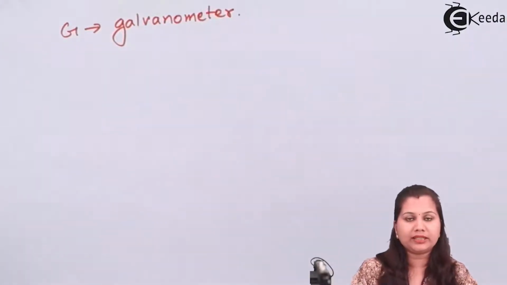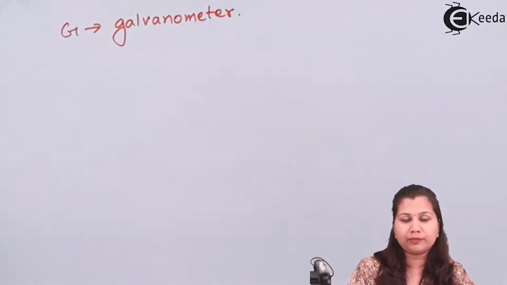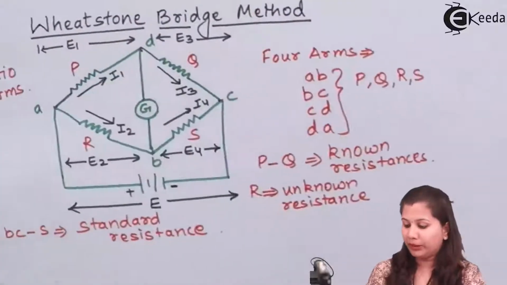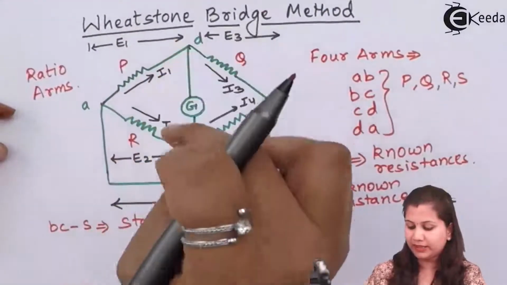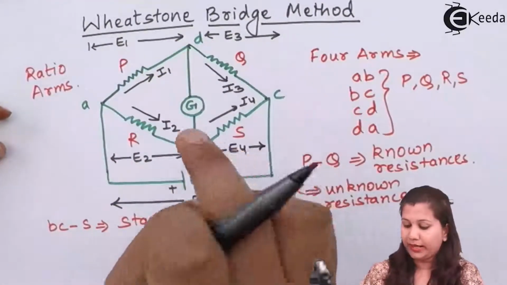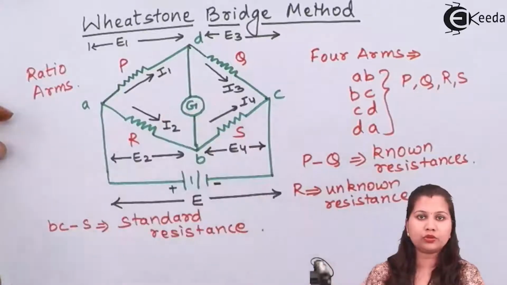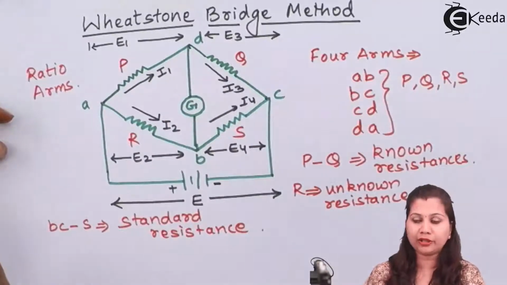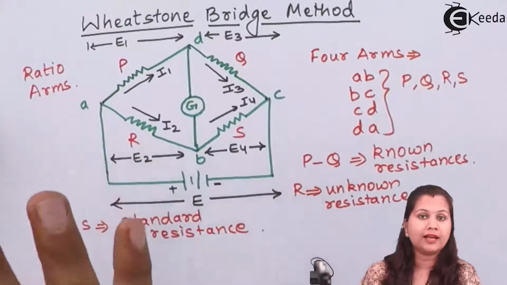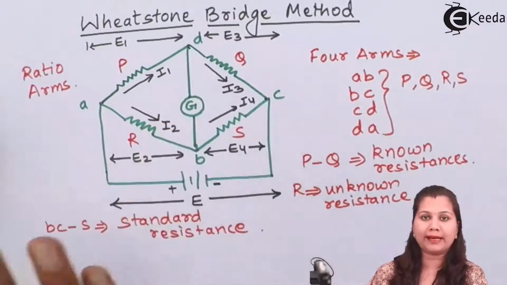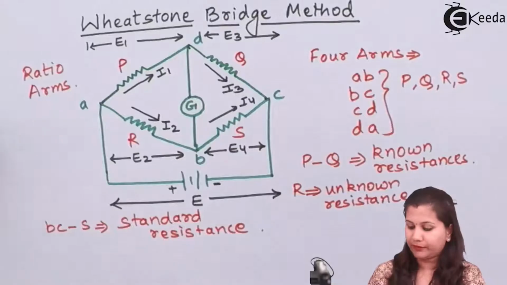Now, a galvanometer measures the potential difference between 2 points. So here this galvanometer is measuring the potential difference between the points D and B. This galvanometer is used to obtain the null deflection, or we can say it is used for balancing the bridge network.